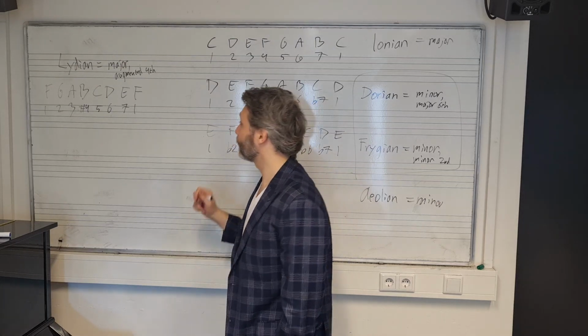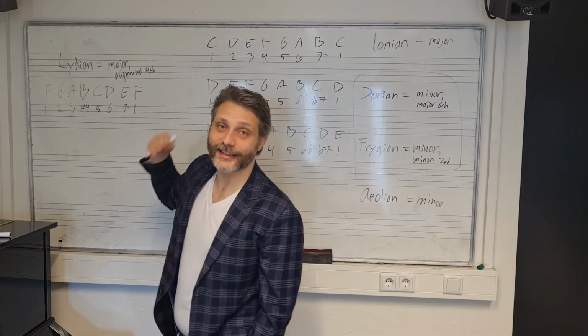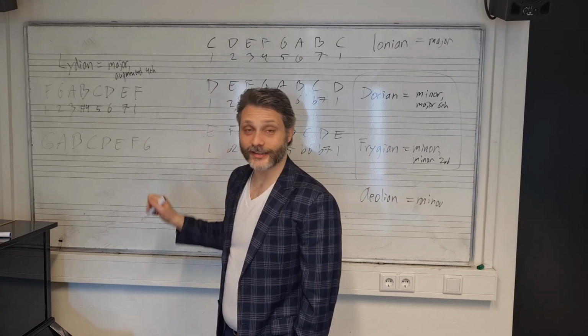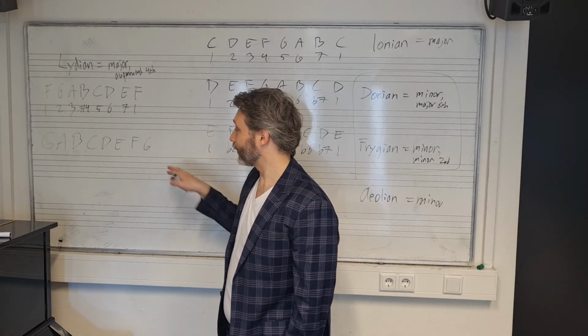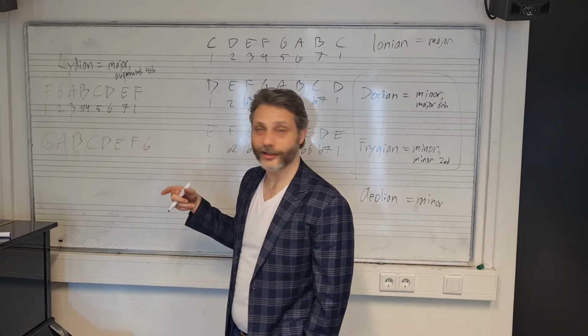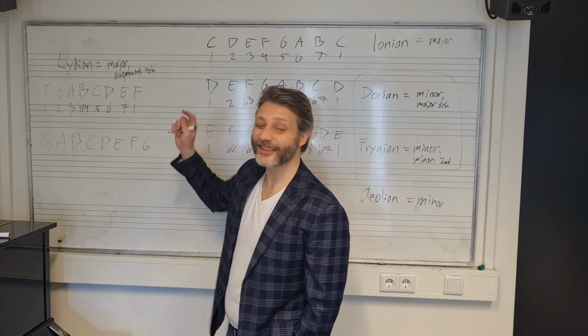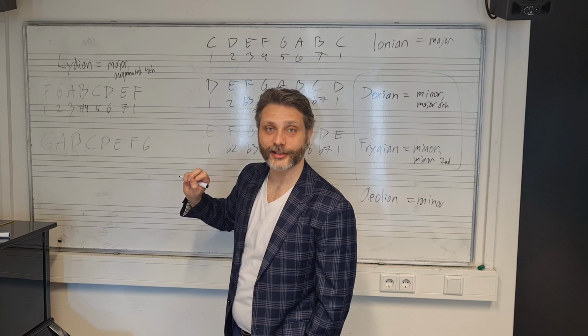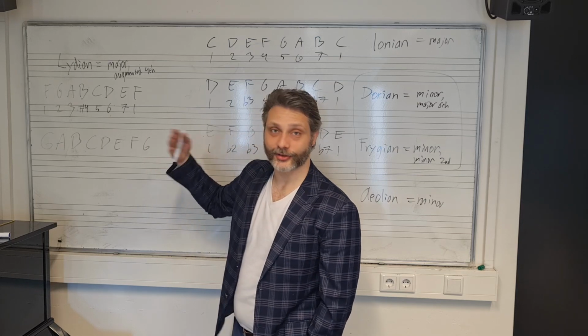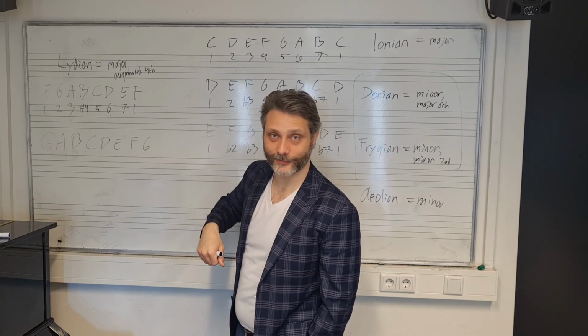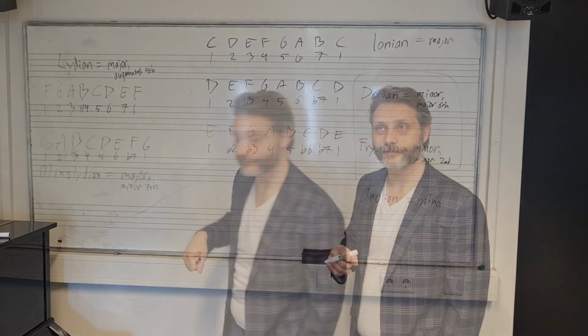Lydian has an augmented fourth. It's also called the Lydian fourth. That's one more. It's the G scale, and if we look at the G scale, we would expect there to be an F sharp in G major, but there isn't. So our seventh is lower than we expect it to be. So this is a major scale with a minor seventh, and it's called Mixolydian.